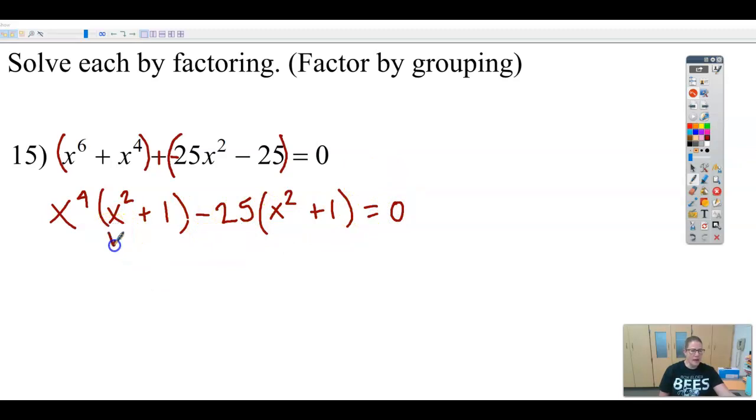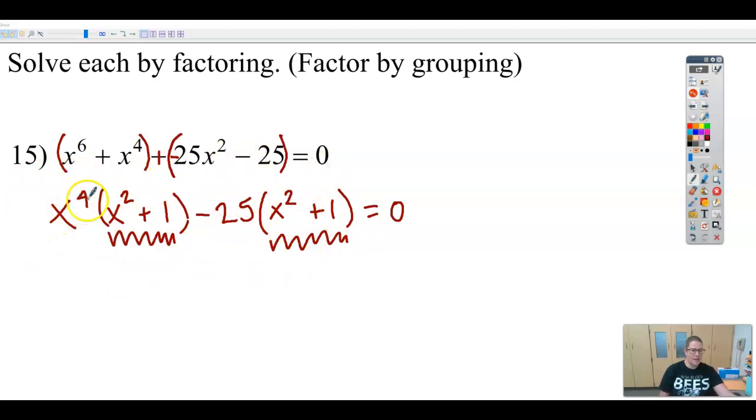Now notice that I have x squared plus 1 in parentheses here, and also x squared plus 1 in parentheses here. Just like above, when I pulled out 25 or negative 25 because that was the common factor between these 2 terms, I'm going to pull out the common factor of the entire expression now.